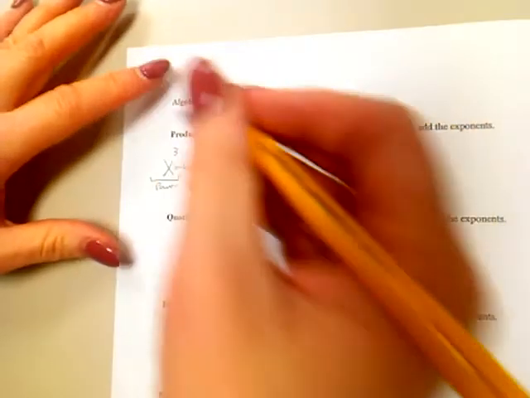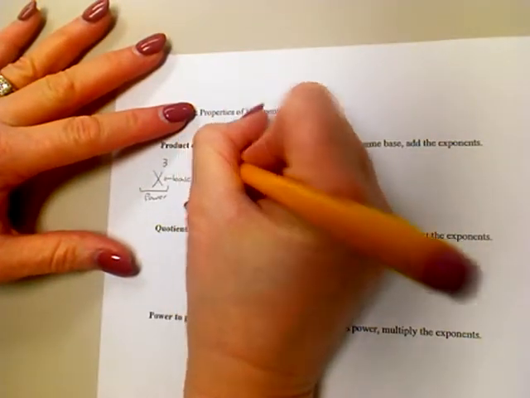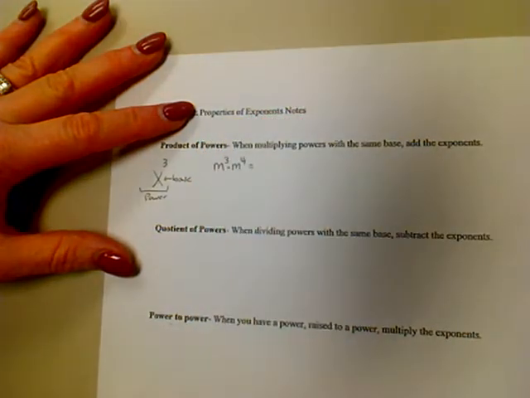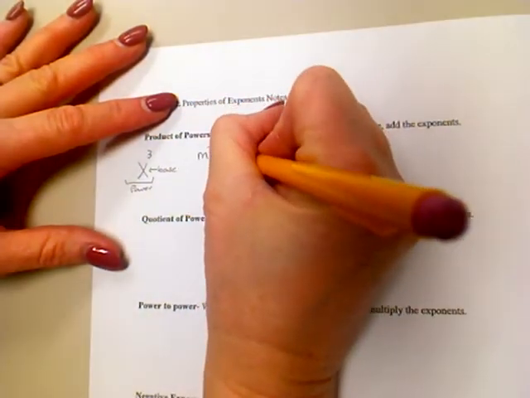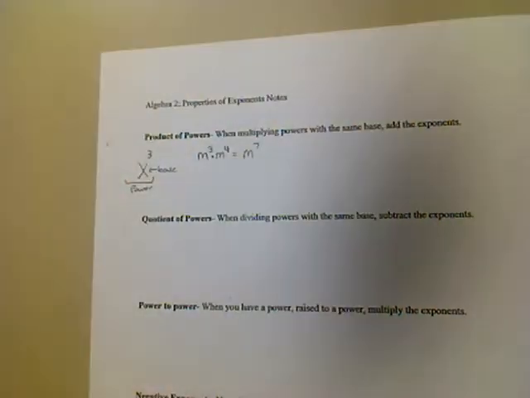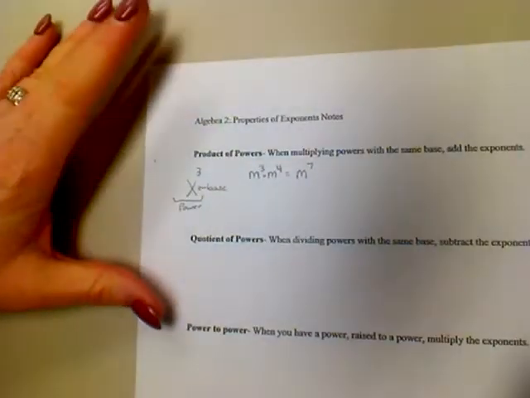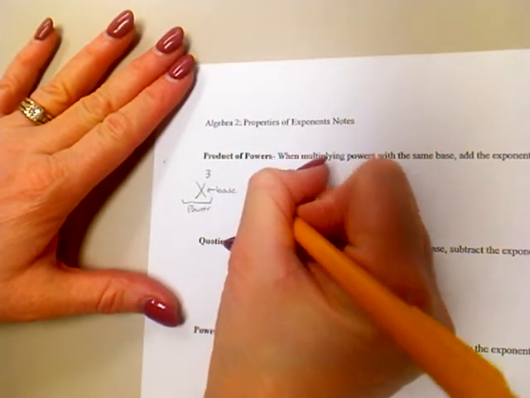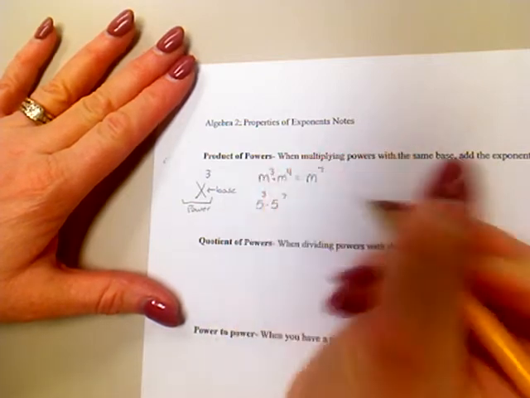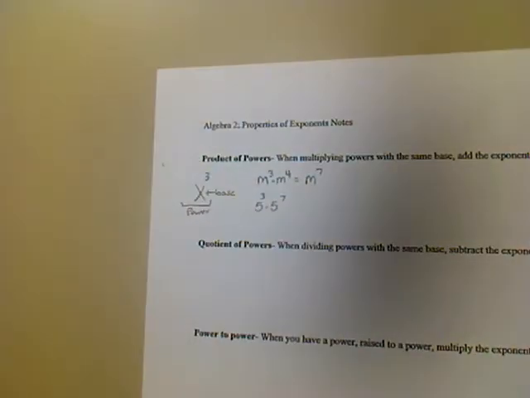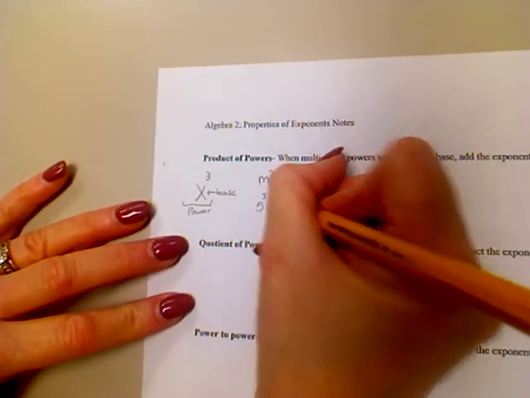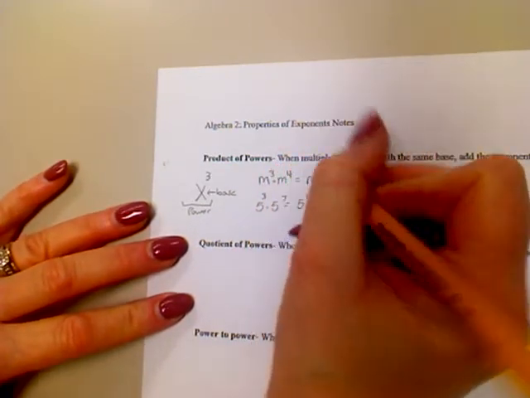So if I took m to the third times m to the fourth, when I add those, I'm going to get m to the seventh. Not 2m to the seventh, just m to the seventh. And if I did 5 to the third times 5 to the seventh, just making that number up, then again, you don't multiply these two, don't change the base, you just end up with 5 to the 10th.